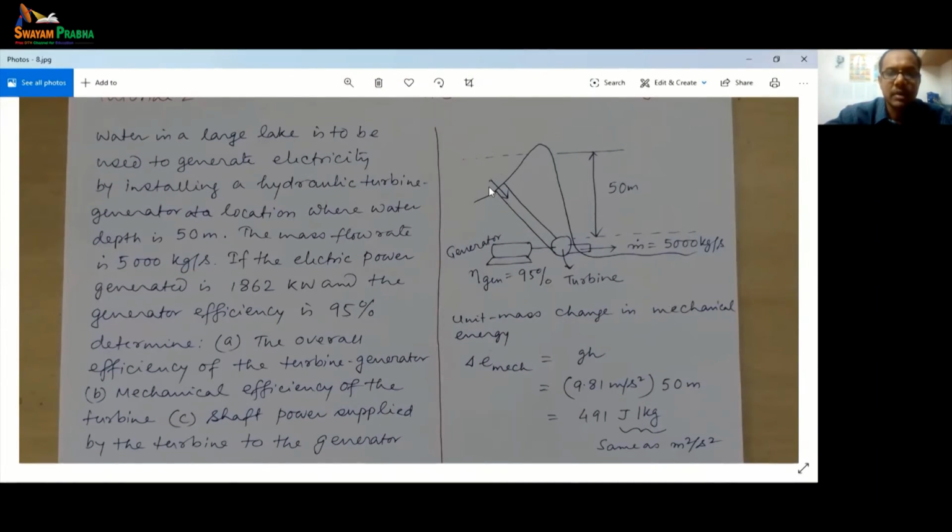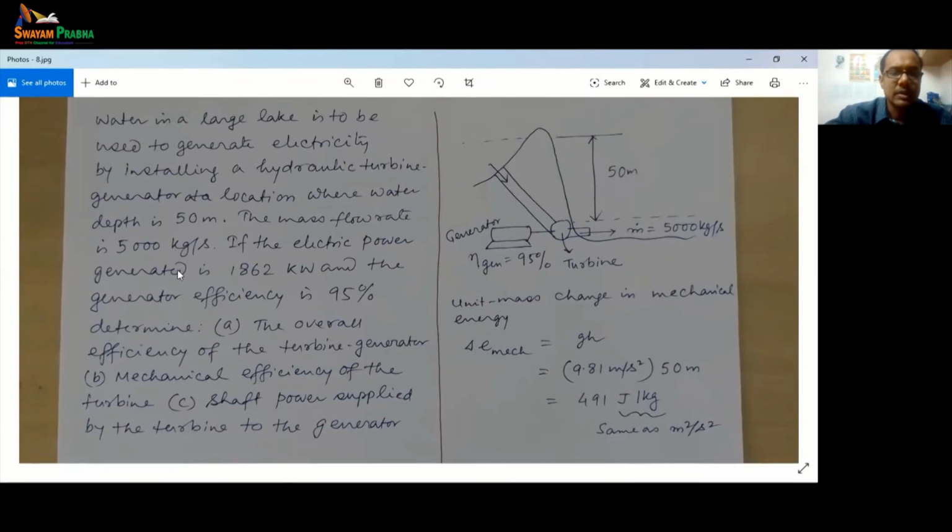So here we have a lake, and this is another lake where there is a difference of 50 meters. The mass flow rate is 5000 kg per second. If you have a tunnel and some duct connecting through the turbine, the mass flow rate there is 5000 kg per second.